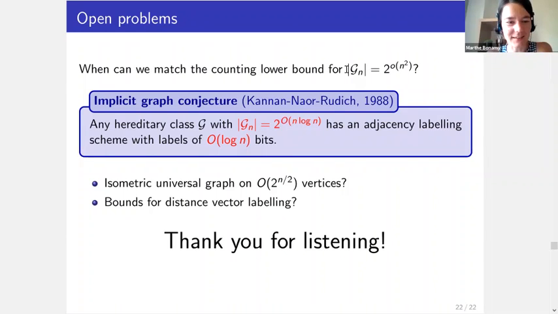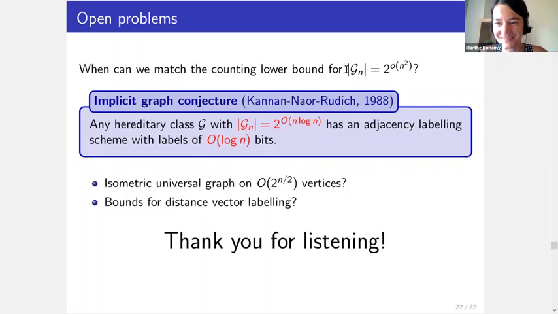Any other question for Carla? So I have a small question, that I can force you to answer in public. What do you think about this implicit labeling conjecture?